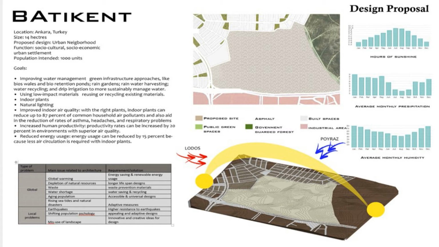For the shifting population psychology, we might design buildings for now, but the population might have a shifting psychology in terms of what they prefer. So I am going to design something appealing and adaptive to the aesthetics of the user. Innovative and creative design ideas will also be used to address the misuse of landscape.